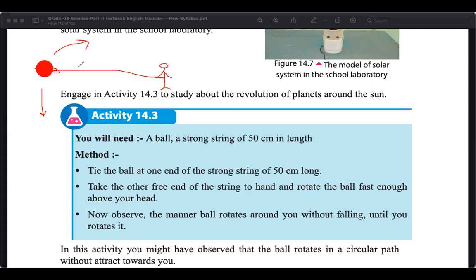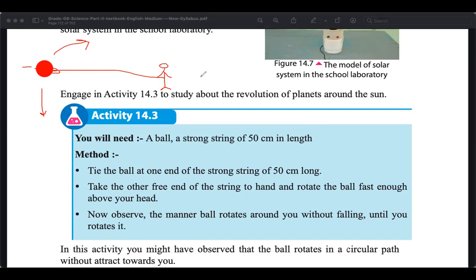But when you rotate it at a constant speed, you can see it remains at the same level without falling down, even though gravity is there, because of the force that you are putting in. So this ball will not fall down.